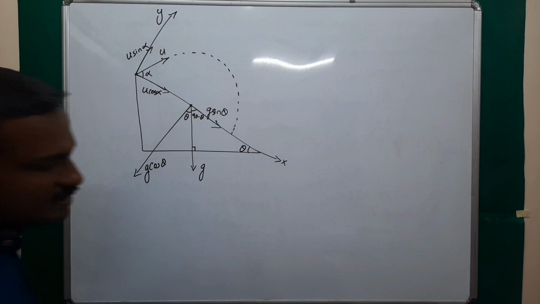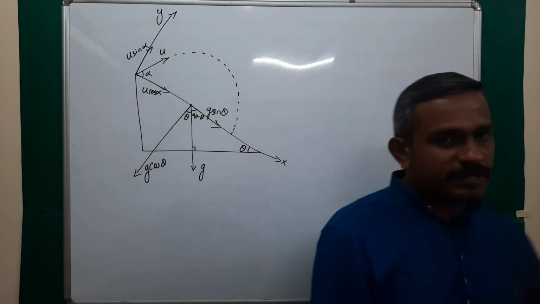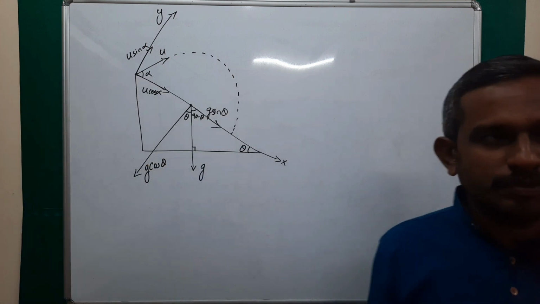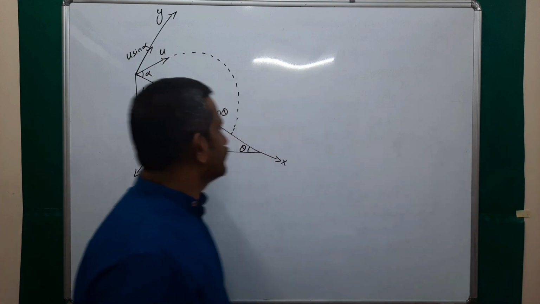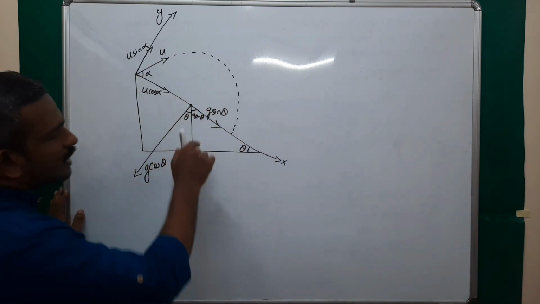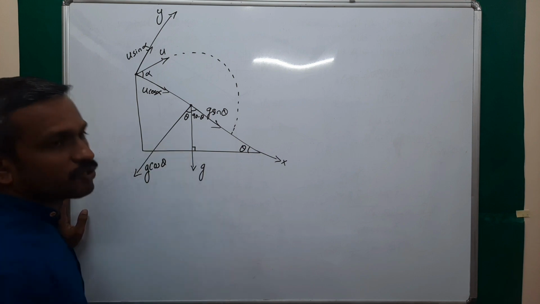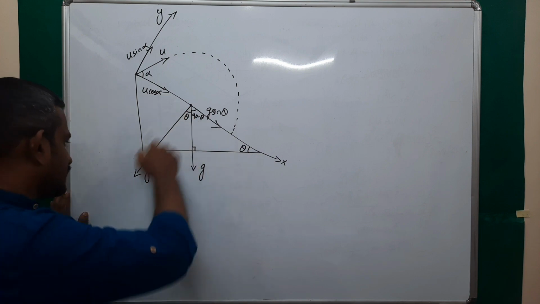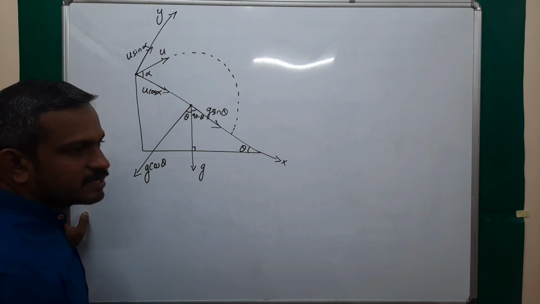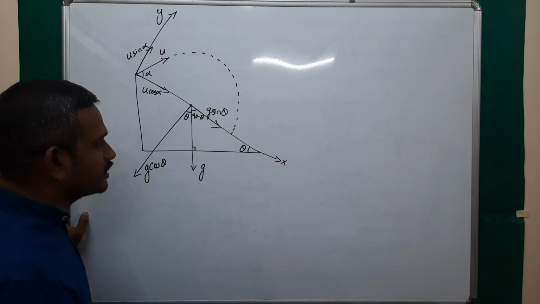So the only difference between bottom to top and top to bottom is the horizontal acceleration. The vertical acceleration is the same as in the previous case.